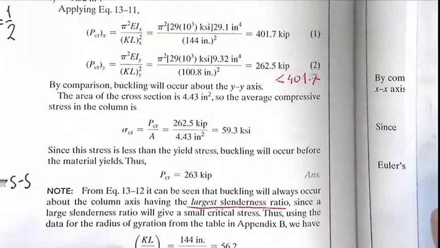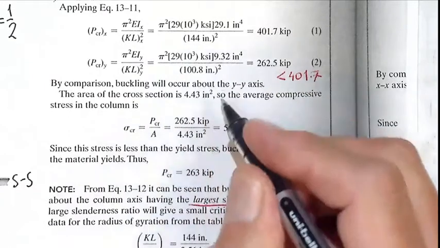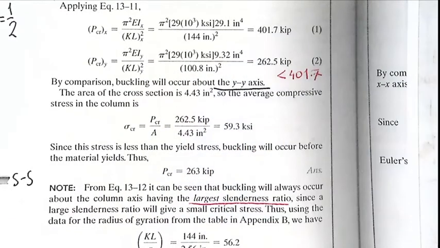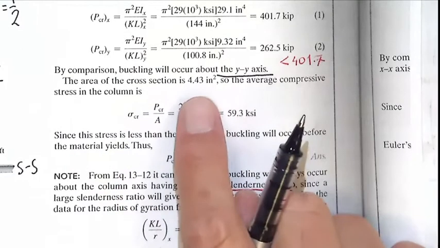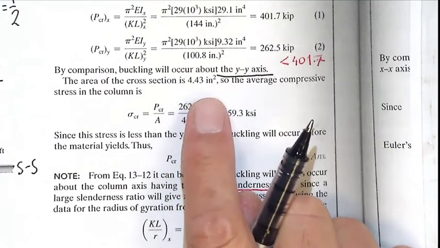By comparison, we conclude buckling will occur about the y axis. So if buckling occurs, it occurs about the y axis. The area of the cross section is, from the table, 4.43 inch squared.